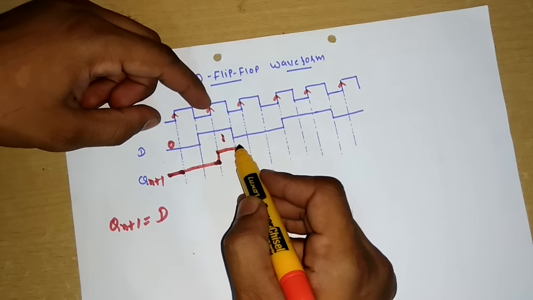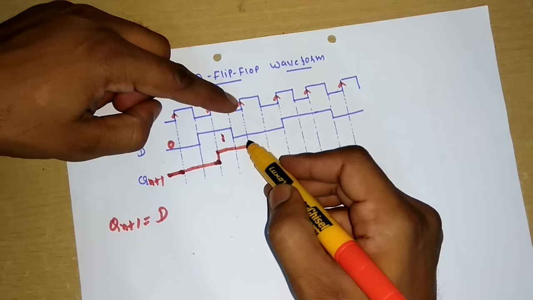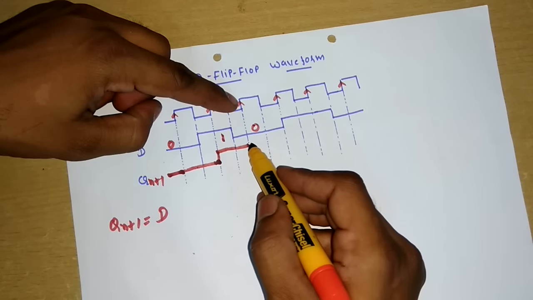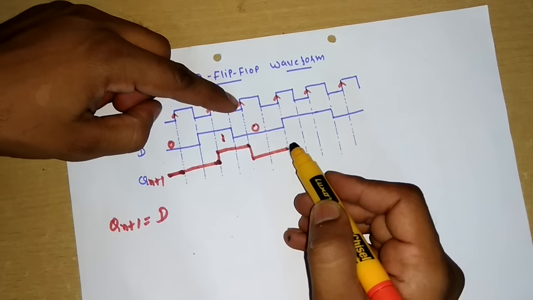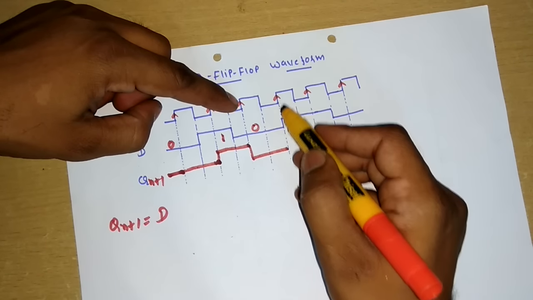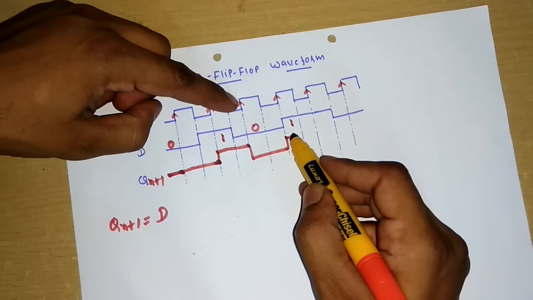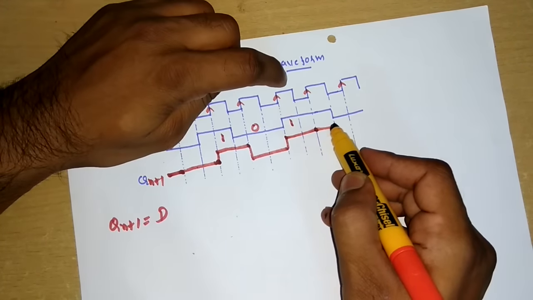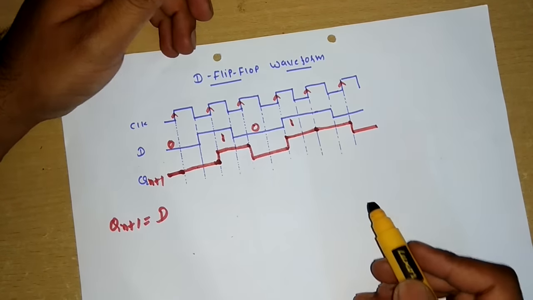It remains 1 until the next positive edge. At the next positive edge, it will again look at my input. Here input is 0, so your output becomes 0 until the next positive edge. At the next positive edge, D becomes 1, so your output becomes 1. Here 1 continues, so it continues to the next positive edge.